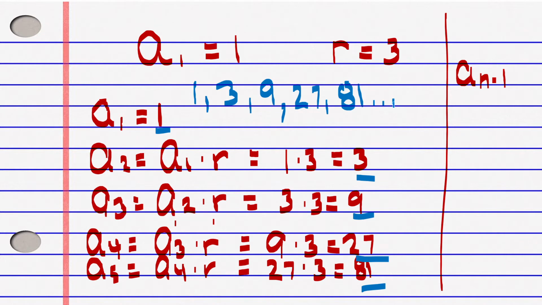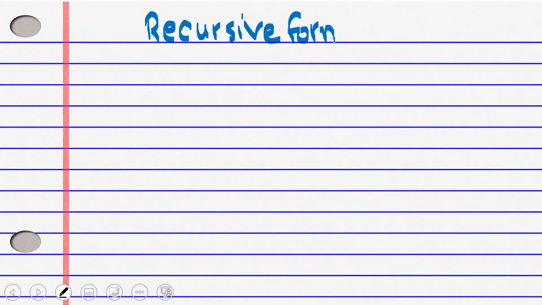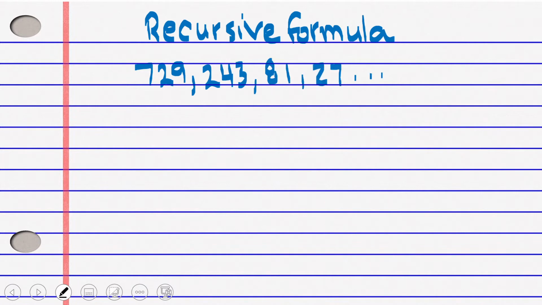If you're actually asked to write the formula from a set of numbers given to you, then it would probably be called the recursive formula to show how that sequence repeats. And we'd have 729 for an example, 243, 81, 27, and so on.